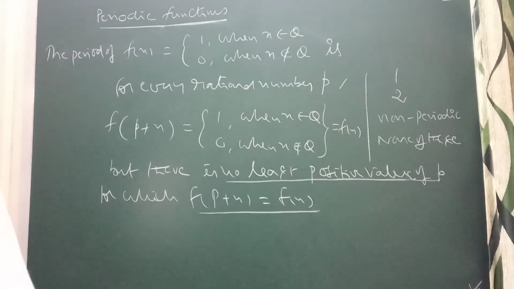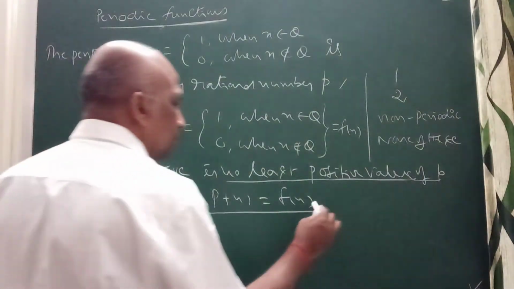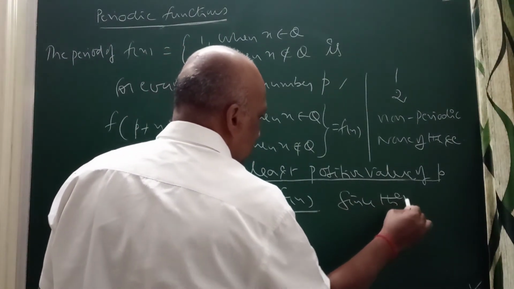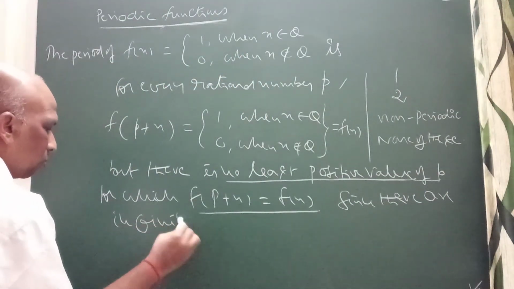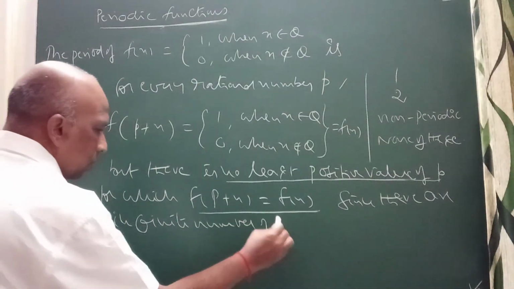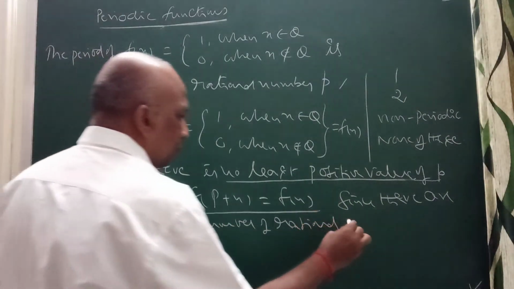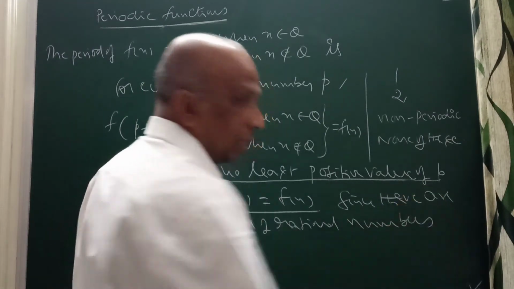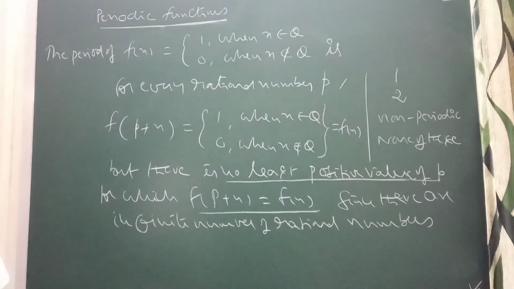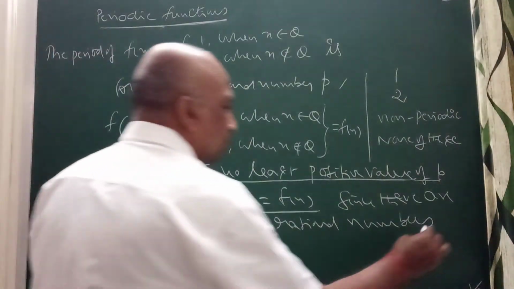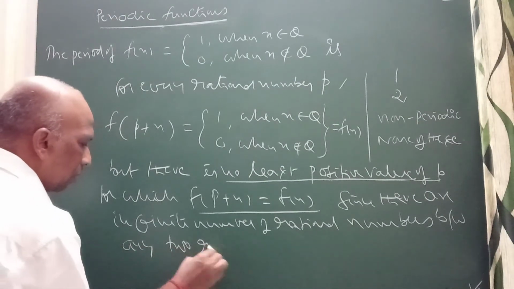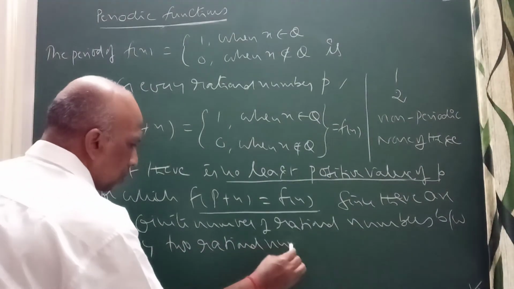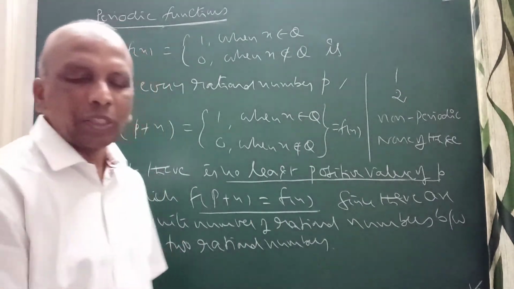The reason is that there are infinite numbers of rational numbers between any two rational numbers.